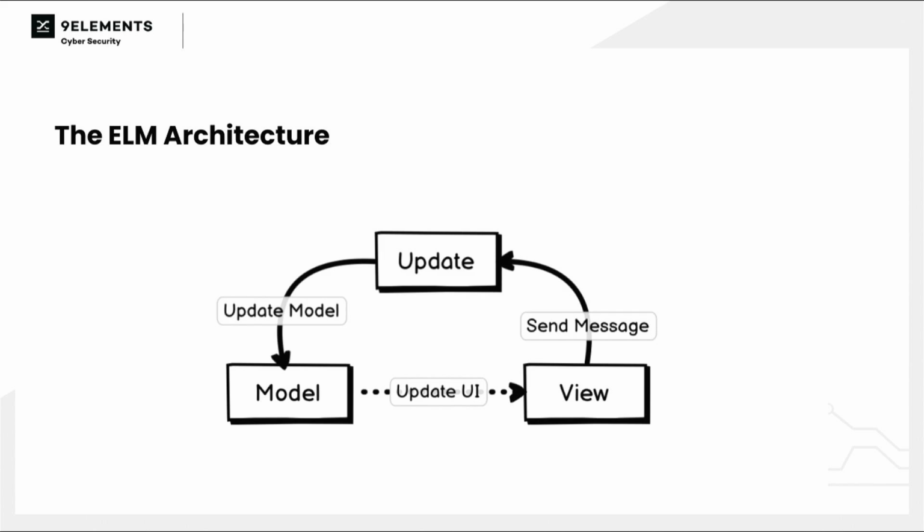Once the model has been updated, we will update the UI again and always go through that circle, right? So you have to keep that in mind when you're programming something in the Elm language, that you are separating the model from the view and the update process, because it always goes in that circle. And how that looks like, I can show you.